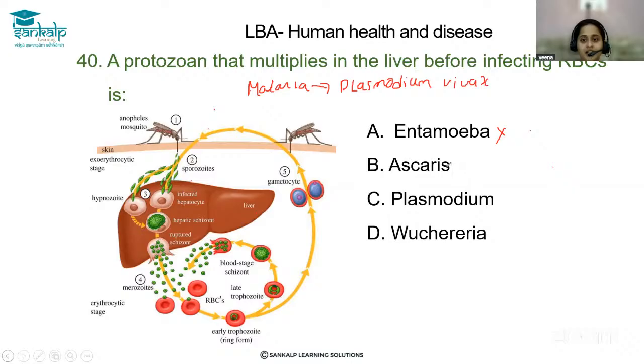It is not affecting RBC, it is affecting the small and large intestine. Ascariasis is also causing infection to the intestine. The last option is also not correct. So the correct answer is option C, that is Plasmodium.